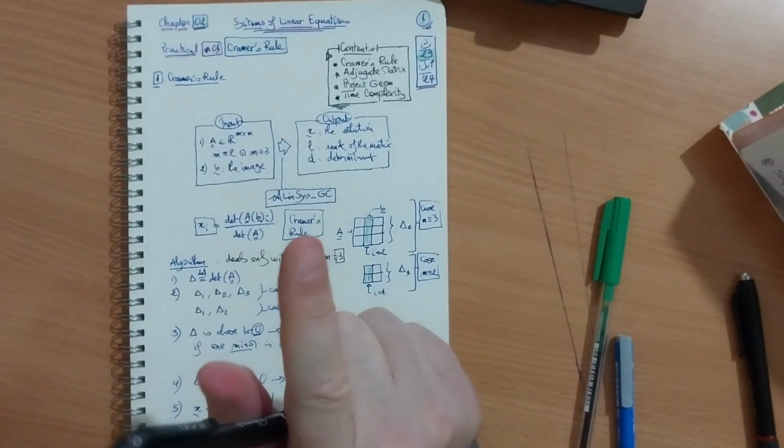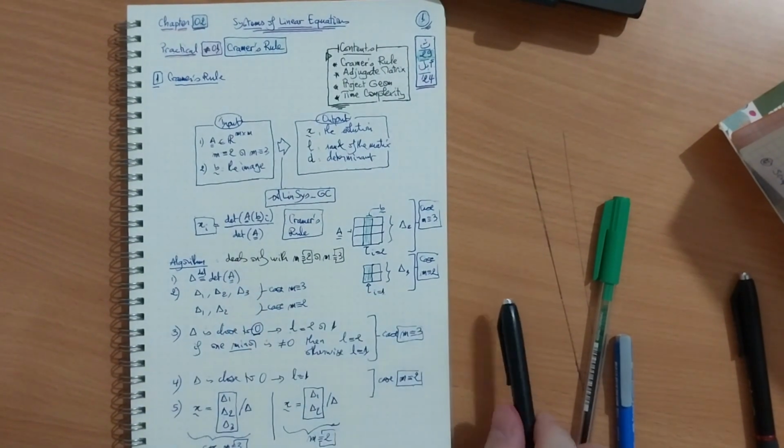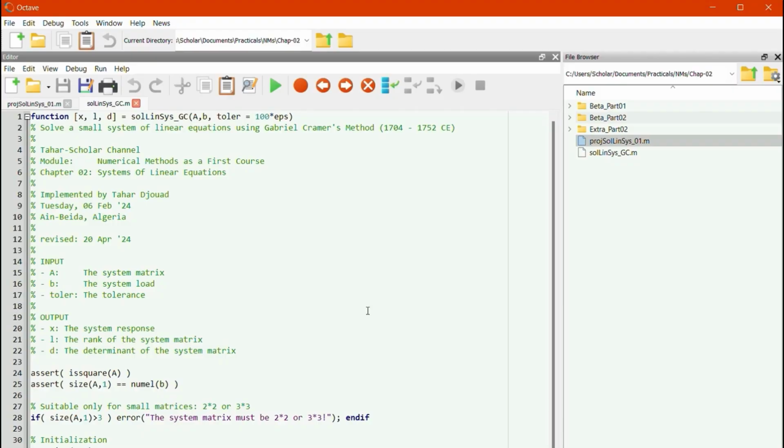Let's go to our computer setting. So this is our function, solve system Gabriel Cramer, and this is the file, the same name as the function. We take as input, as I said, A and B, the matrix and the image vector, and the tolerance. The tolerance to check whether a number is equal to 0 or not.